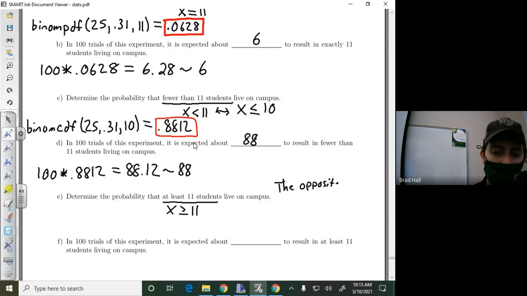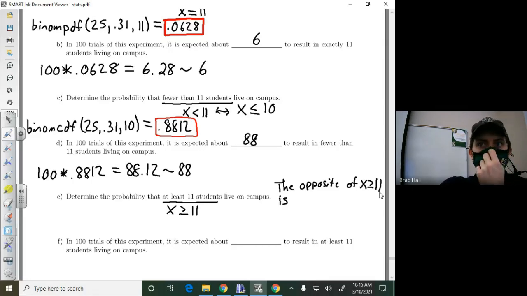The opposite of x is greater than or equal to 11 is what? What is the complete opposite of that inequality? So you are correct. I'm going to write it a little bit more generalized. The opposite of that is x is less than 11.